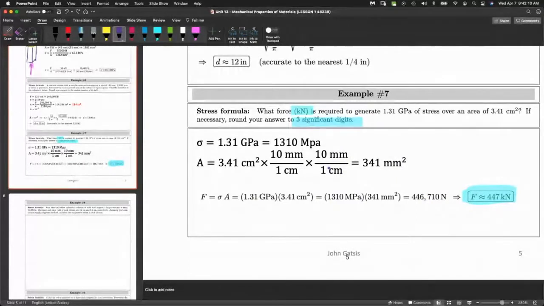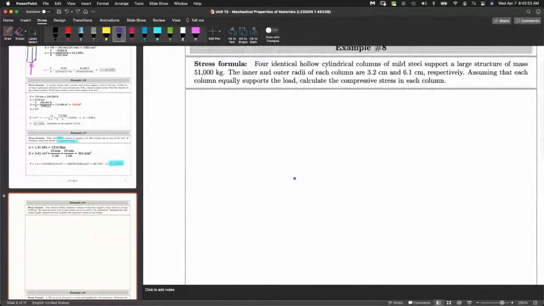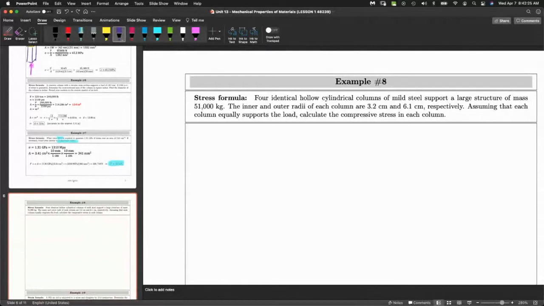And also, you need to know the area of some basic shapes like circles and squares and rectangles. If you don't know the area of a circle, square, or a rectangle, then you need to figure that out soon, because you need to know that stuff. So let's do question 8, and then we'll probably take a break.